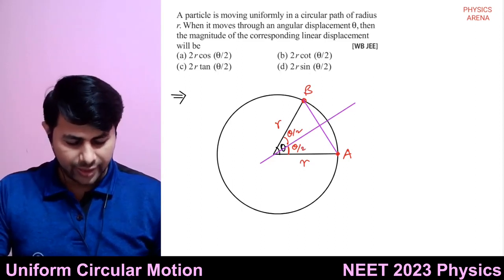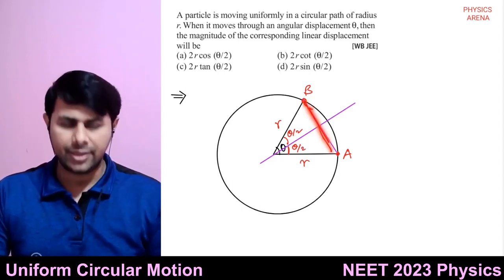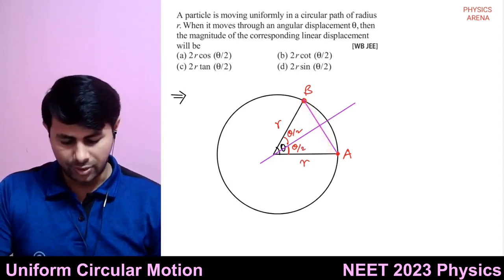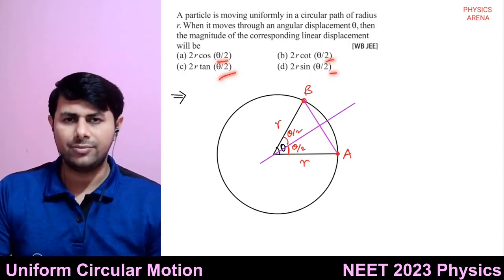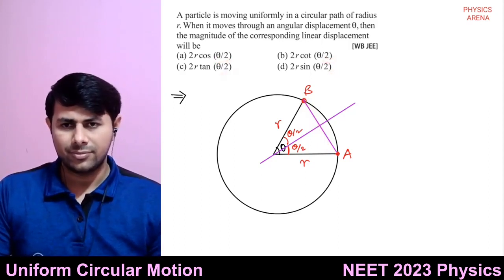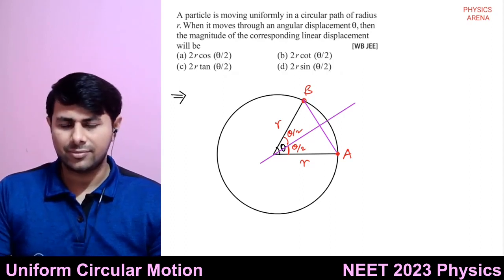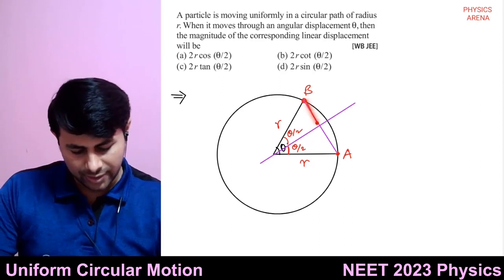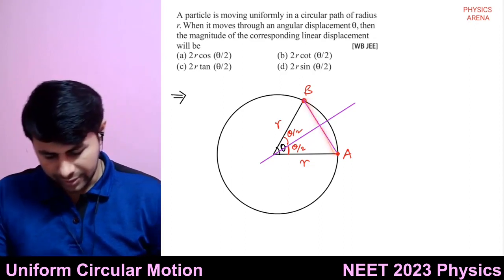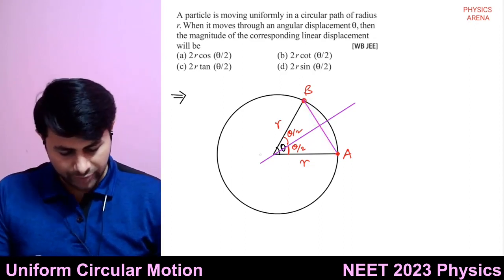So can you say how much would be the displacement in terms of theta by 2? All the options are in terms of theta by 2. Yes, sir. Yeah, tell me. It is this length plus this length, right? Okay, so we have named it already.